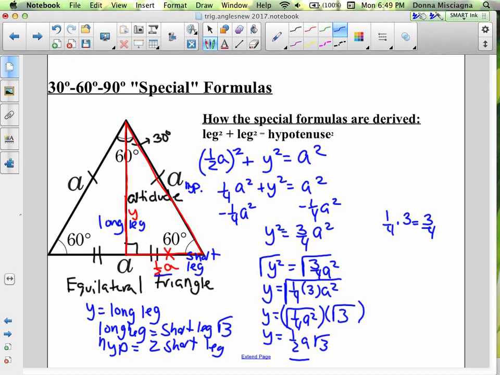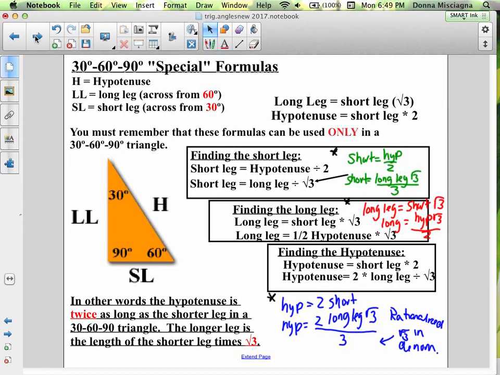And that's what I always do, by the way. The less remembering, the better. But I will put all of them up here, which has all of them. All right, so find the short leg, find the long leg, find the hypotenuse. All right, so we're going to write them all in just in case, so that you have those.